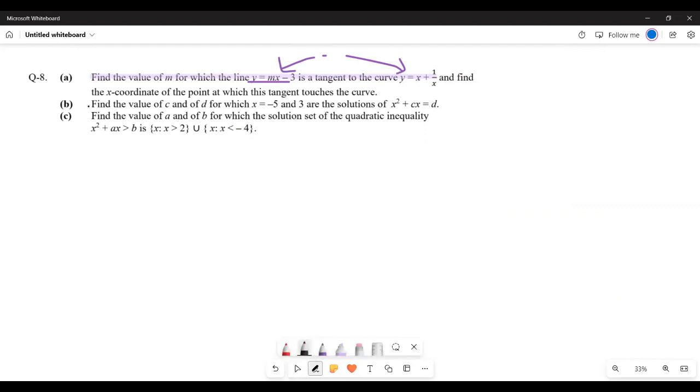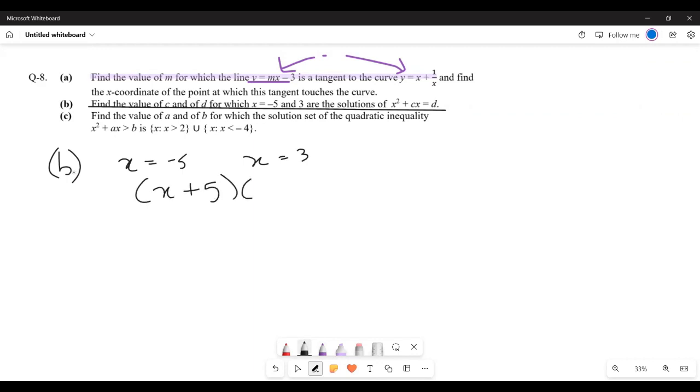Okay. Find the value of C and D for which x equals -5 and x equals 3 are the solution of x squared plus cx plus d. All right, so this is the kind of question where you do middle term breaking in reverse. Part B. So one of the answers is -5. The other answer is 3. One step back, bracket x plus 5, bracket x minus 3 equals 0.